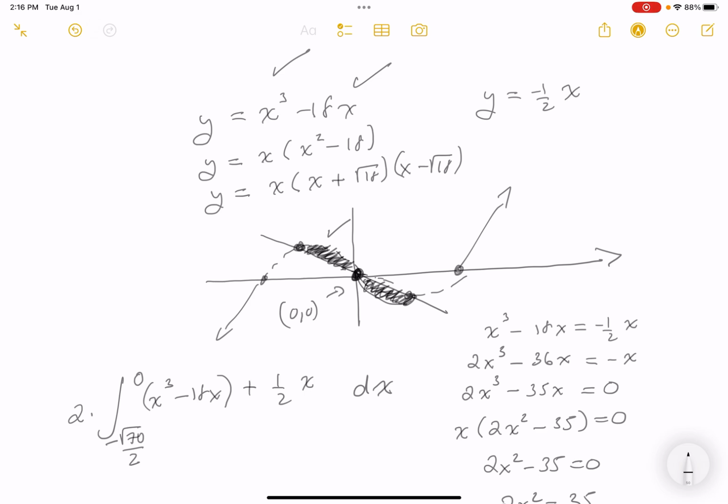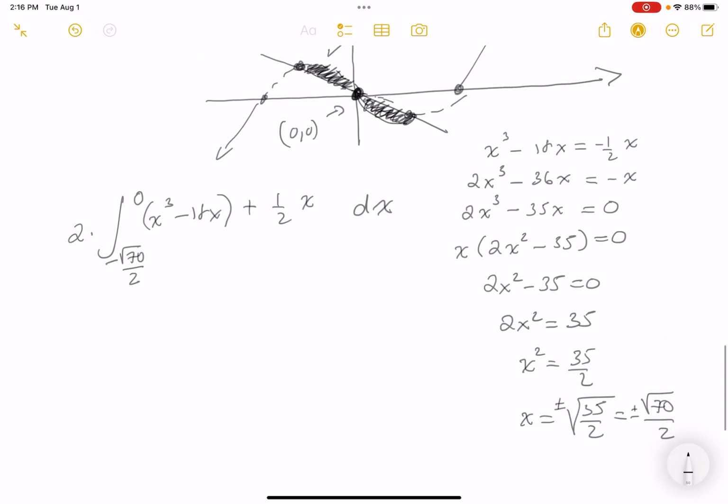All right? We're looking at upper minus lower. I'm going to take the 2 on the inside now. And what do you get? The integral from minus root 70 over 2 to 0 of 2x cubed minus 36x, I'm distributing by 2, by the way, plus x dx.